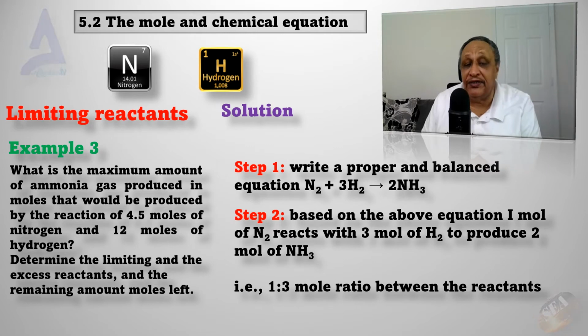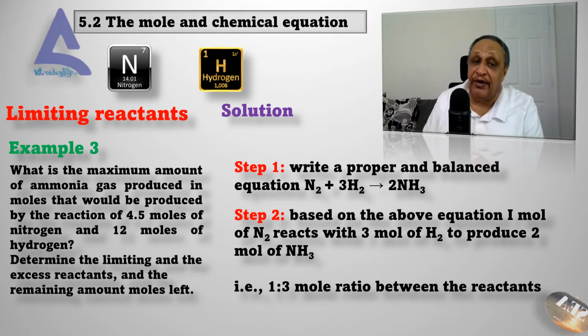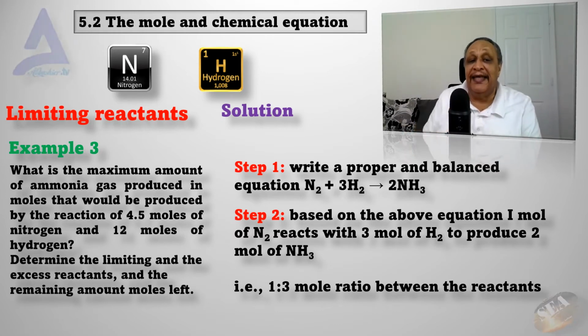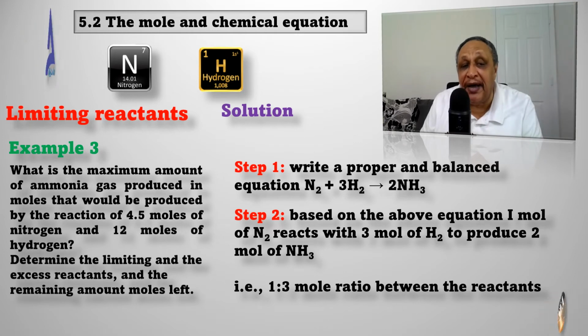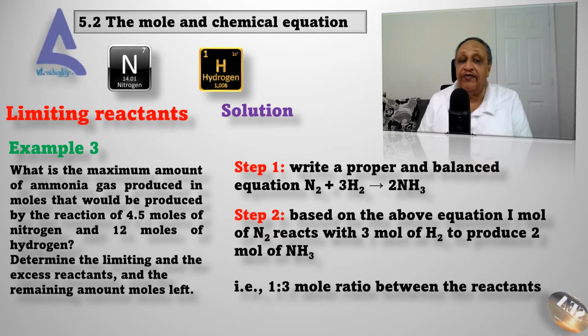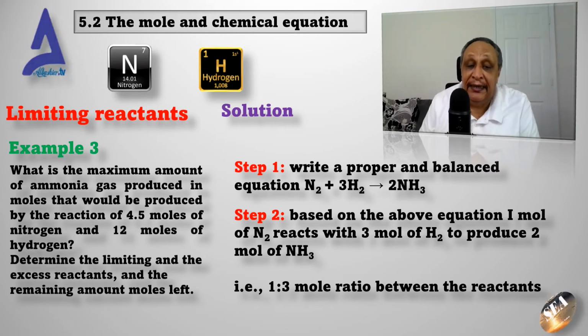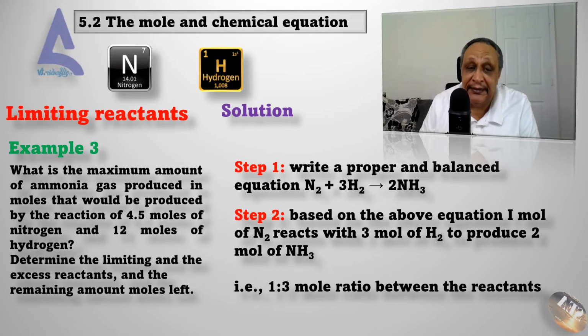The example says, what is the maximum amount of ammonia gas produced, in moles, that would be produced by the reaction of 4.5 moles of nitrogen and 12 moles of hydrogen? Determine the limiting and the excess reactants and the remaining amount of moles left.